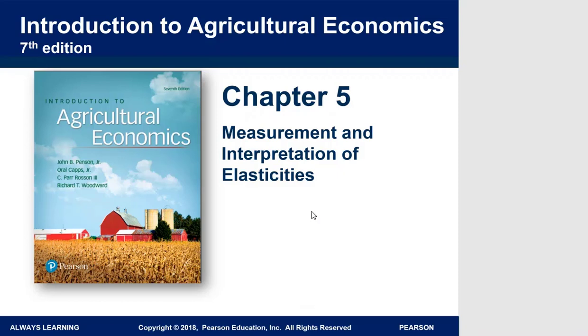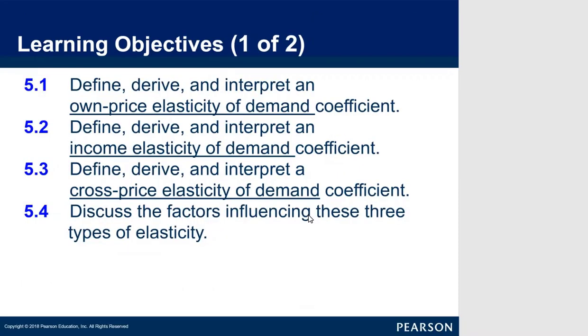Measurement and interpretation of elasticity. We've talked before about elasticity, and that has to do with how much a product's consumption might change based on its price, and how quickly that occurs. So how a slight change in price has to do with the quantity that is going to be consumed, and vice versa, the amount consumed versus how that impacts price.